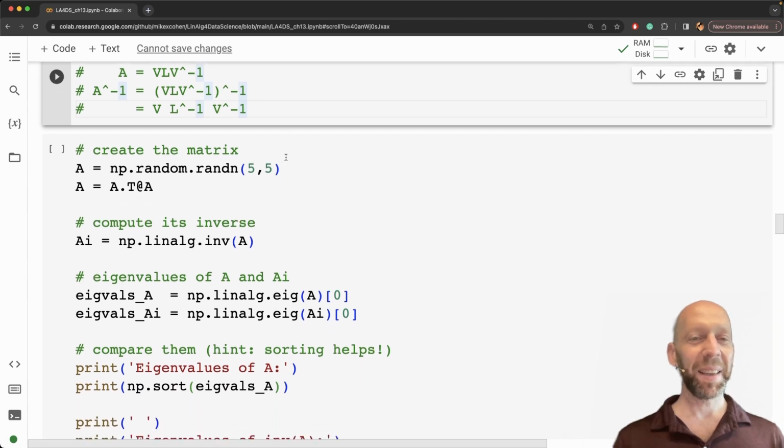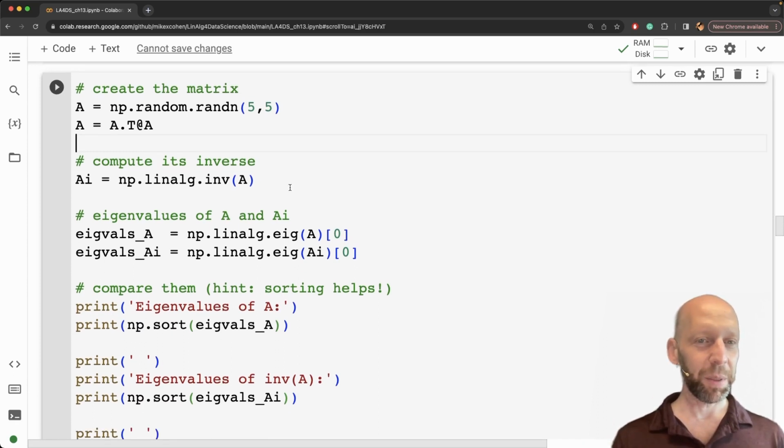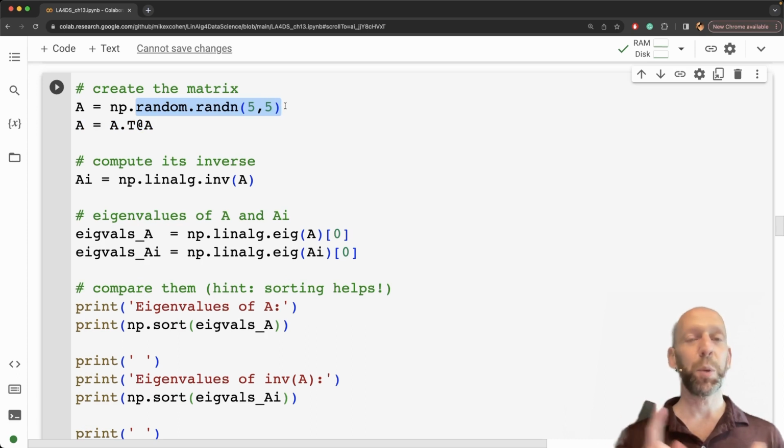Okay, and here is the empirical demonstration to build intuition and just to see it in practice in real numbers. So here I create a random numbers matrix. Now, I'm forcing this to be symmetric, and this doesn't need to be symmetric. This is a perfectly valid square full rank matrix. We can compute its inverse, we can take its eigendecomposition, but the thing about random numbers matrices is that they are likely to have eigenvectors and eigenvalues that are complex valued.